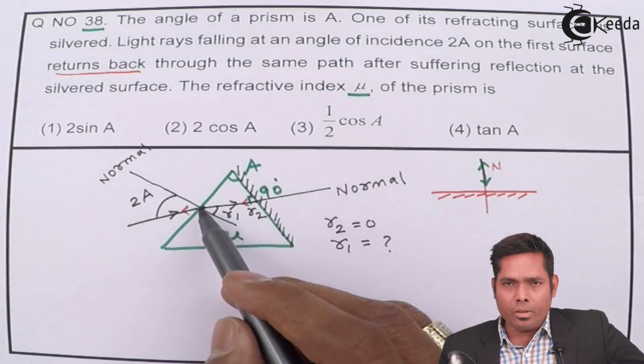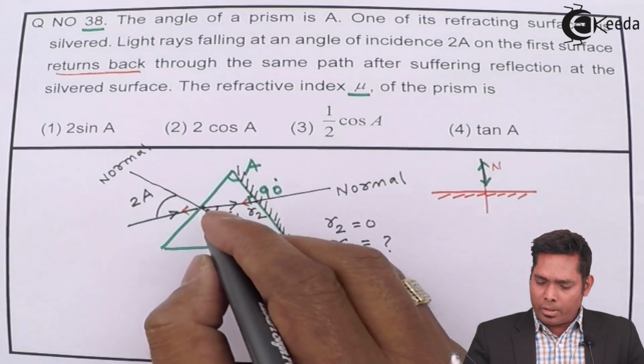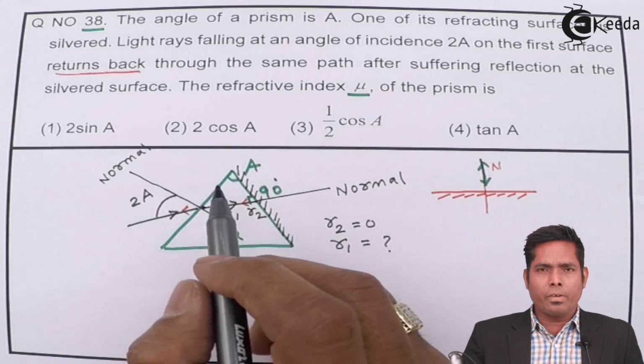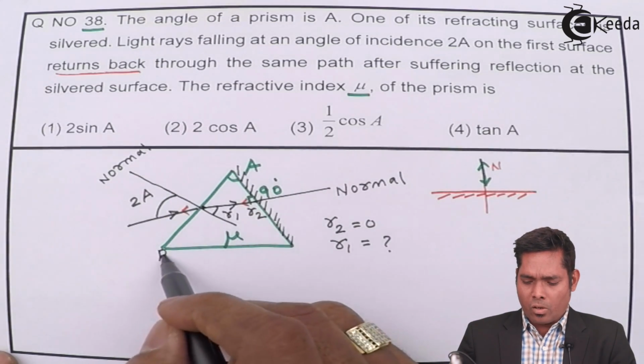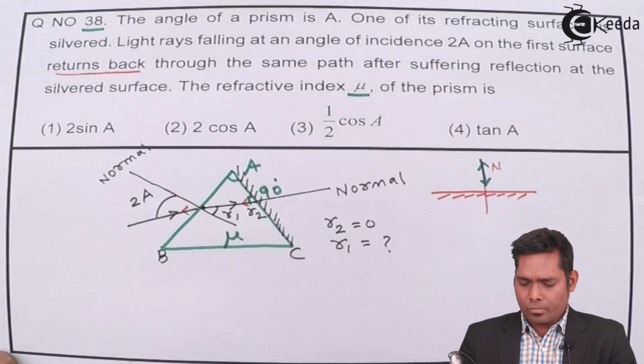We can apply Snell's law at the point where the ray first strikes the surface, that is on this face AB.